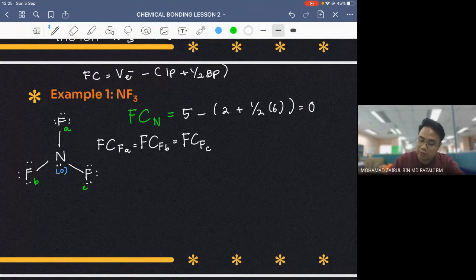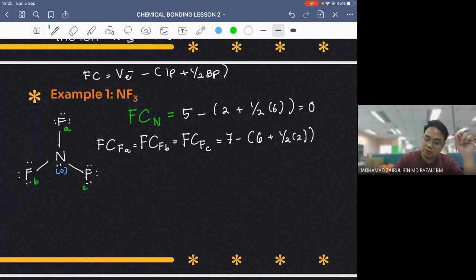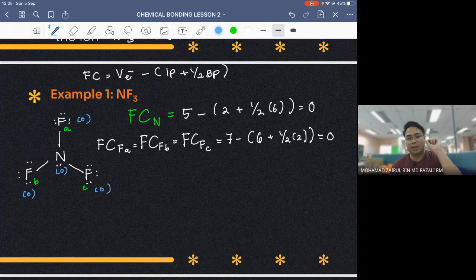So formal charge: valence electron for fluorine 7, lone pair dia ada 6 plus bonding pair dia 2, so equal to 0. So each of the fluorine, the formal charge is equal to 0. So macam saya kata tadi, if the molecule is a neutral molecule, the total formal charge must equal to 0. So 0 plus 0 plus 0 plus 0 is equal to 0.